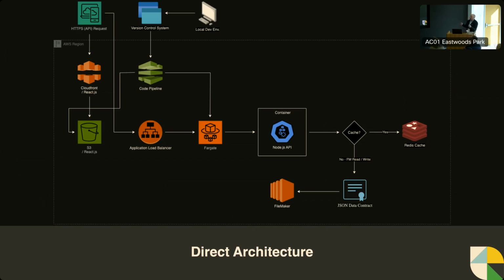Then the web page loads up and the user clicks a button, and that's going to make an API request. Like I talked about before, that API request is going to be JSON data flowing through the API solutions here. So the API request comes down, it's now made its way into the cloud, and we hit a load balancer.